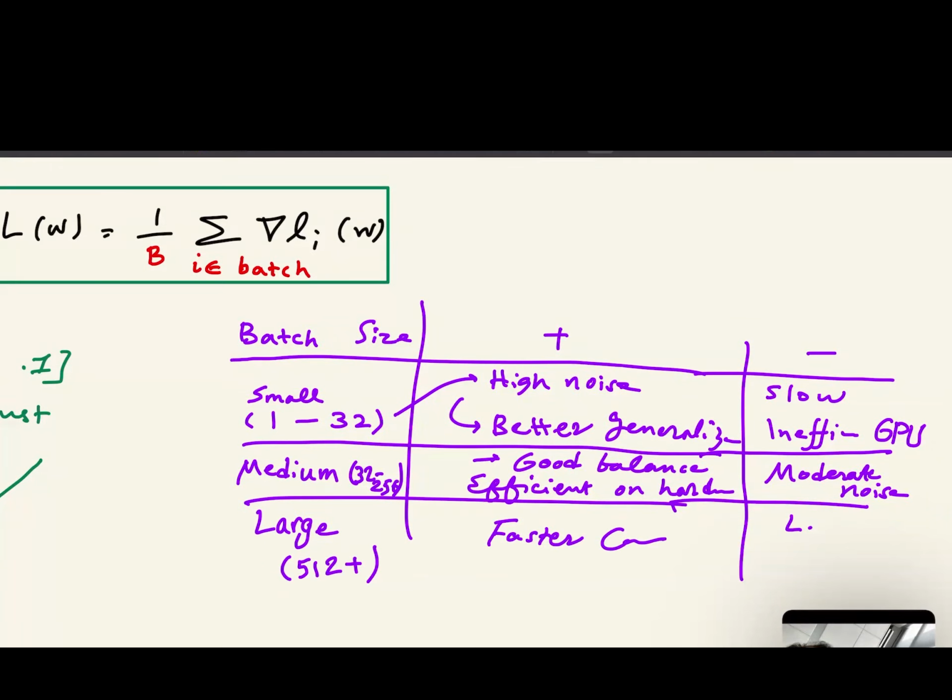So what if we increase the batch size to large values? This can give us faster convergence, but the exploration is less than before, and in this case we may overfit.